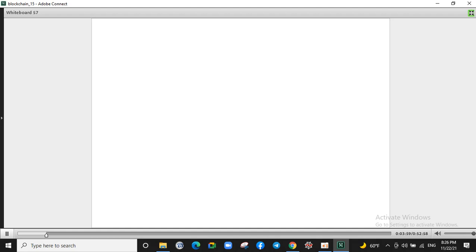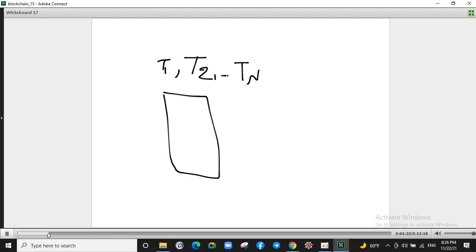Suppose that a miner wants to create a block containing T1, T2, Tn. To calculate the address of the current block, the miner uses the transaction ID.